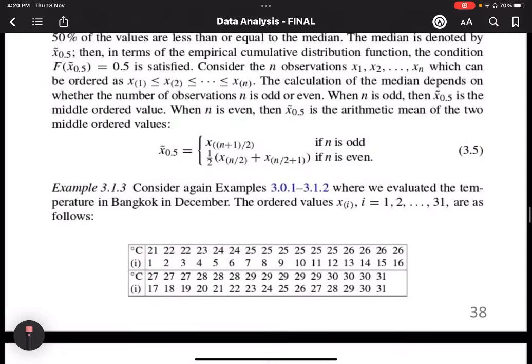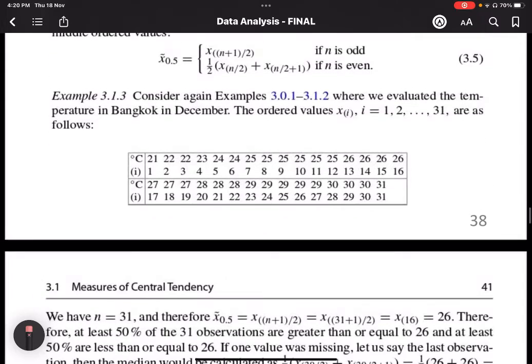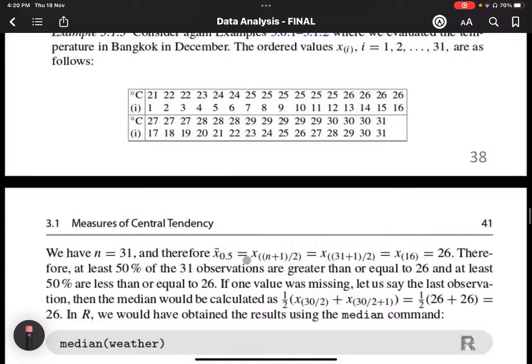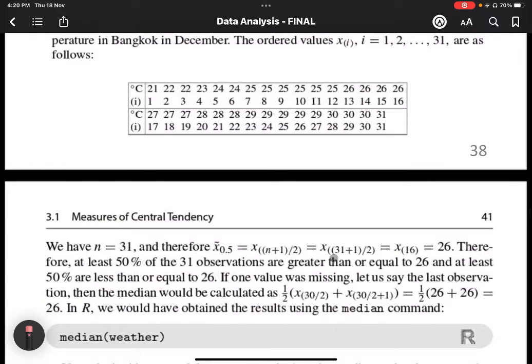Our example is the temperature in Bangkok in December. If we use the median to get the central tendency for this example data, we have n as 31.